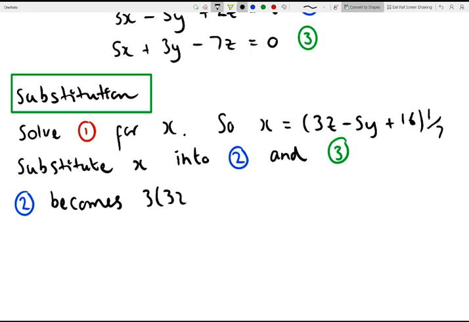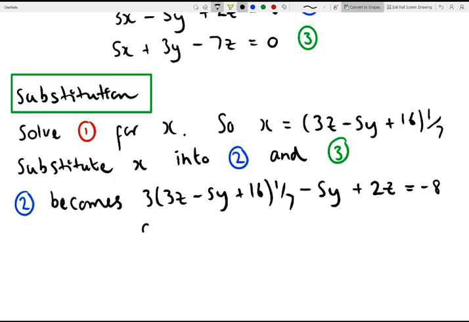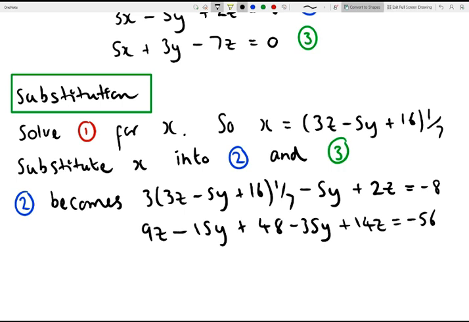3 times 3z minus 5y plus 16 all over 7 minus 5y plus 2z equals minus 8. If we multiply this out and then multiply the whole thing by 7, we're going to have a 9z plus 15y plus 48 minus 35y plus 14z is equal to minus 56.